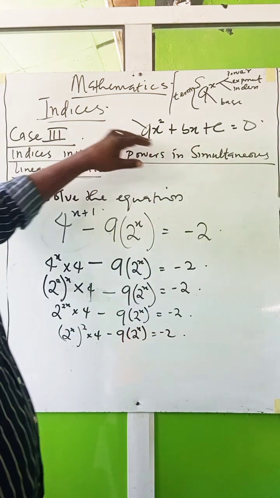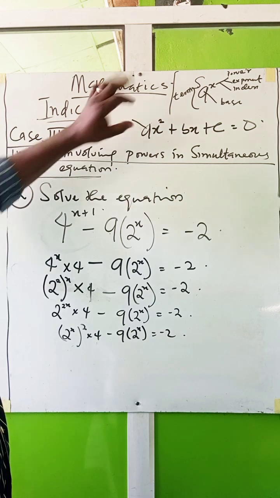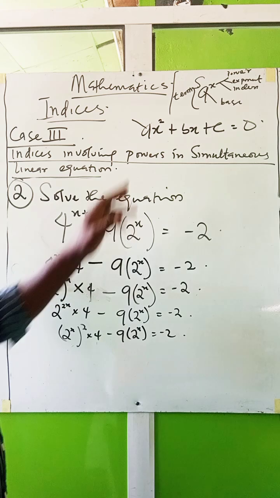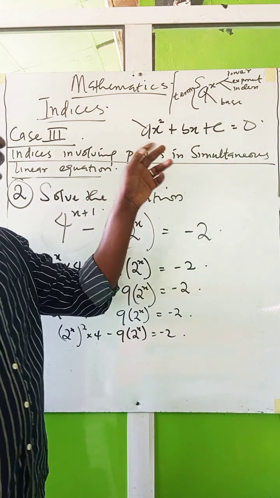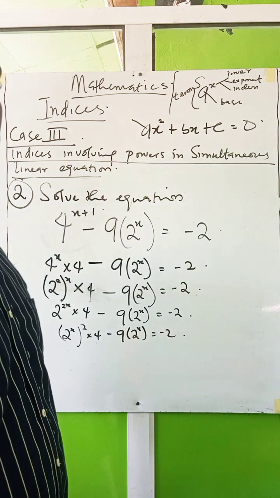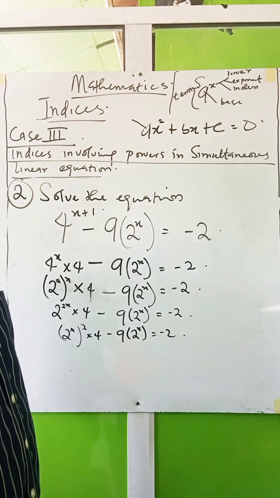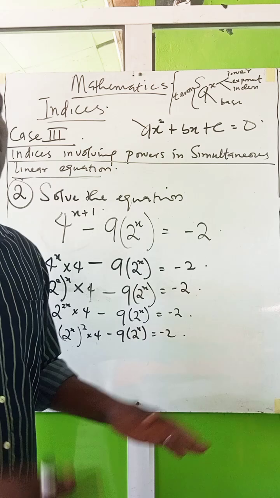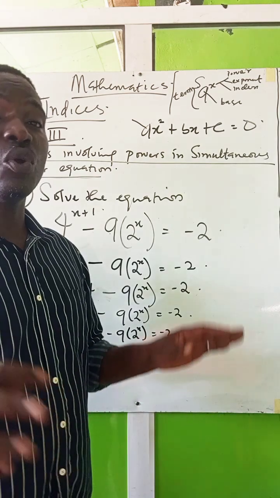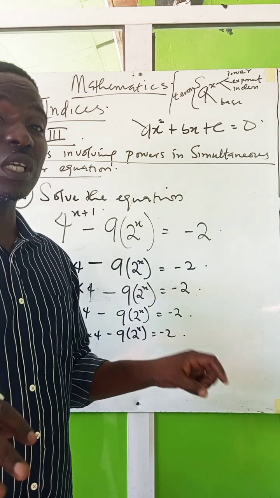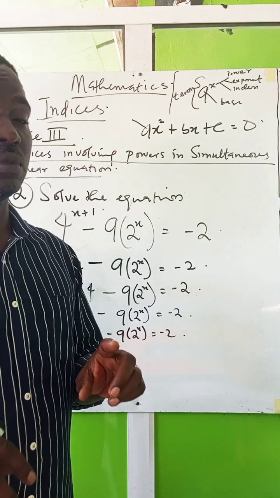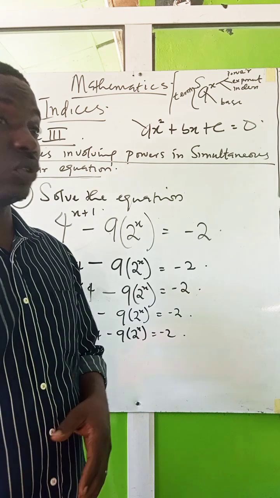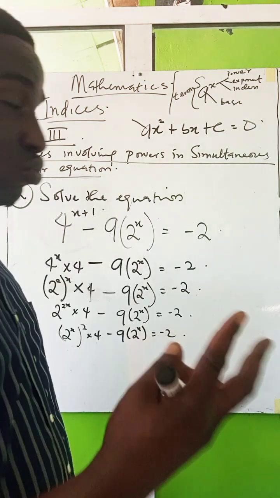This is a quadratic equation because the highest power of the variable there is 2. A linear equation has the highest power of the variable as 1, while the highest power of the variable in a quadratic equation is 2.